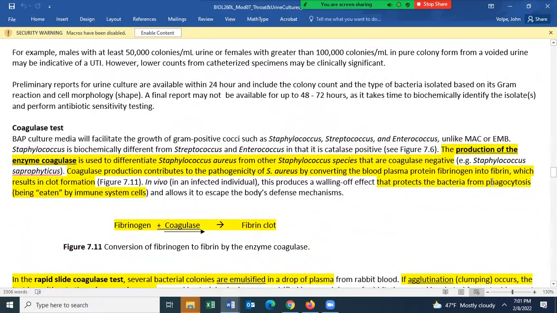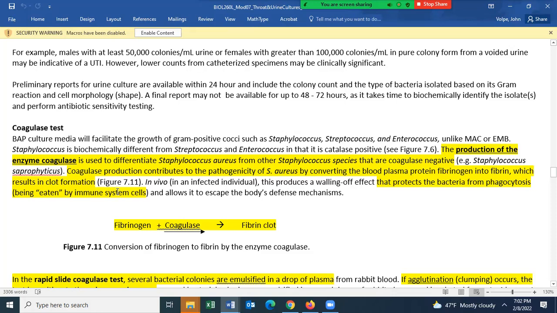We run the coagulase test, and the enzyme coagulase is used to differentiate Staphylococcus aureus from other staphylococcal species, which are coagulase negative. Coagulase contributes to the pathogenicity of Staphylococcus aureus by converting the blood plasma protein fibrinogen into fibrin, creating a clot.